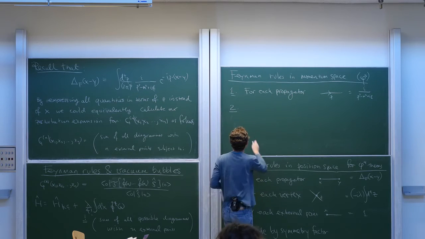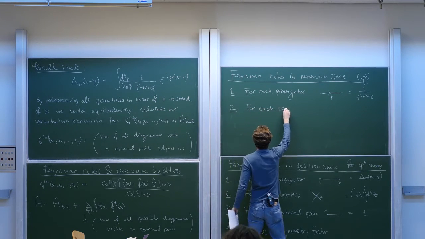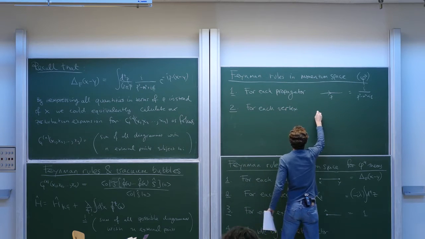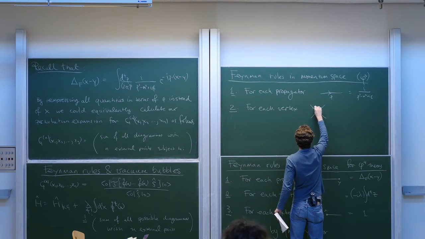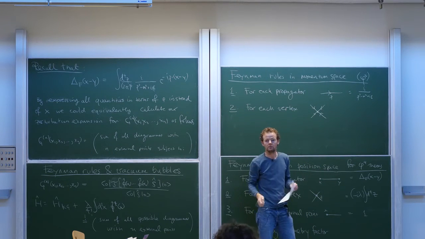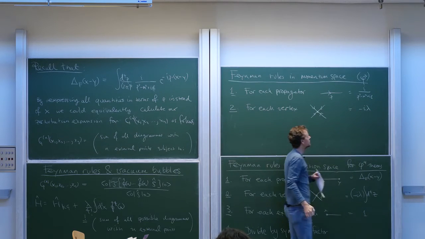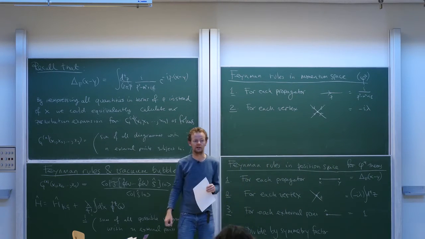Rule 2, for each vertex with all the arrows pointing in, we associate just the number minus i lambda.